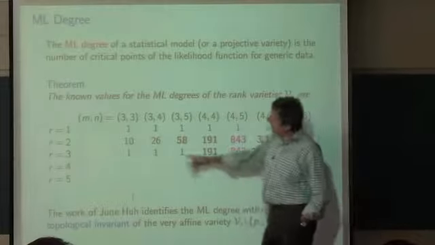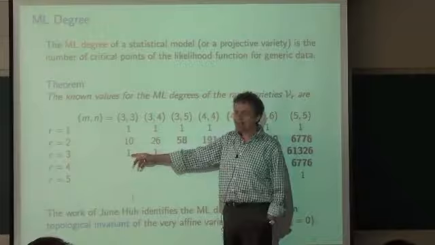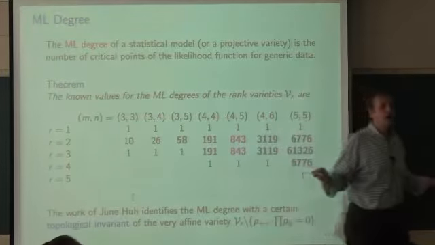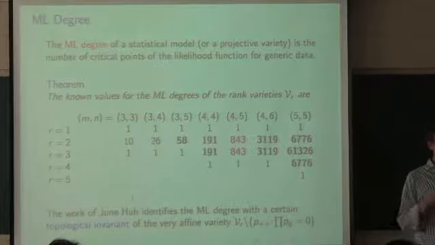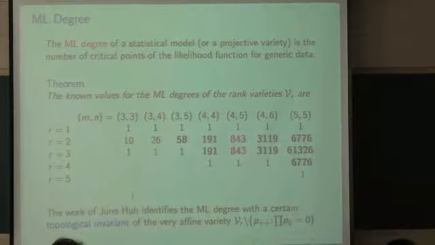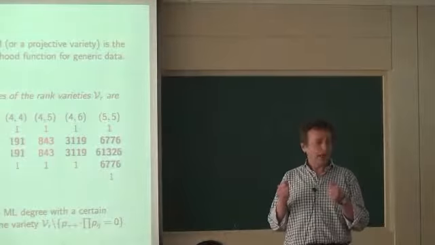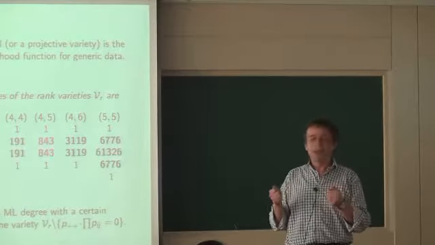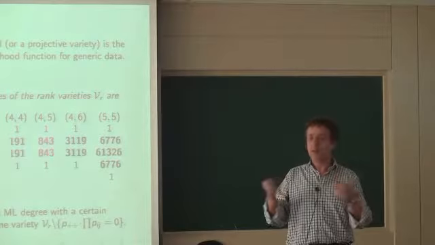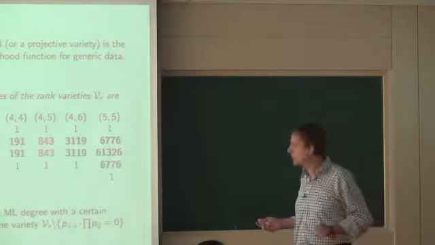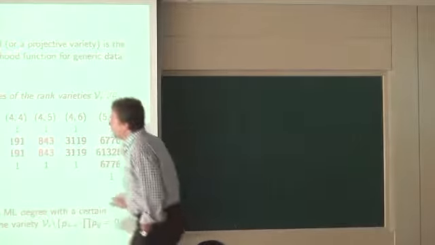For example, if we have a 3 by 3 matrix and want the best rank 3 approximation, we don't do anything. We just divide by the sample size, right? So you take that same matrix and divide by the sample size. That's a rational function, an algebraic function of degree 1.